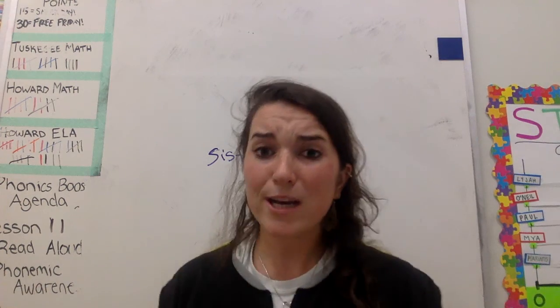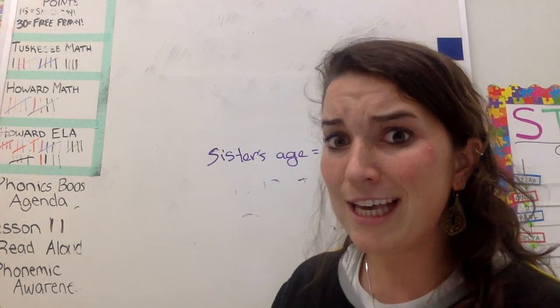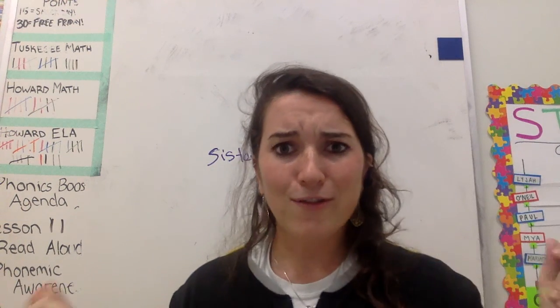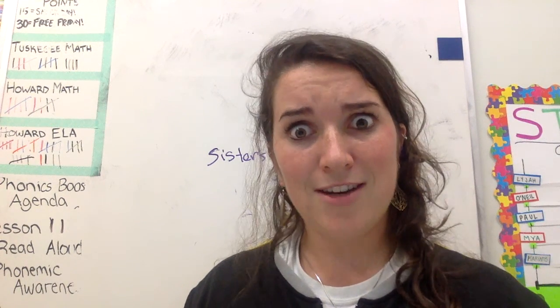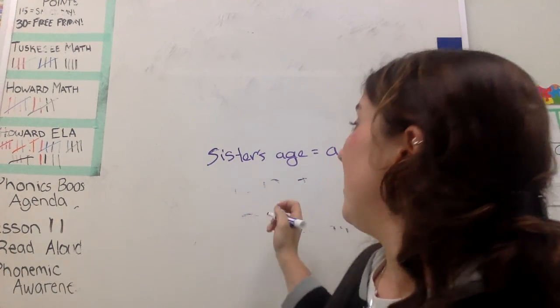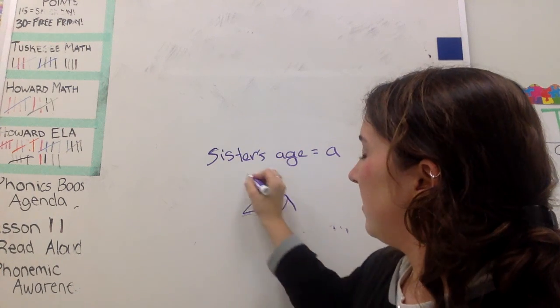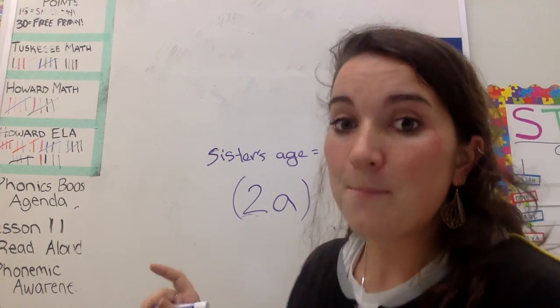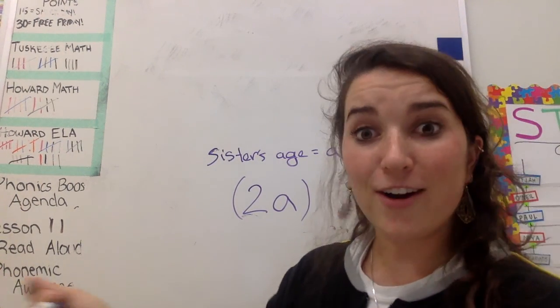All right, so he's 3 years younger than 2 times his sister's age, and I want to know how old he is. So I'm thinking the first thing I need to figure out is what's 2 times his sister's age. So I'll put that down first. So 2 times his sister's age, A, is just 2A. But he's not twice his sister's age. He's 3 years younger than that.